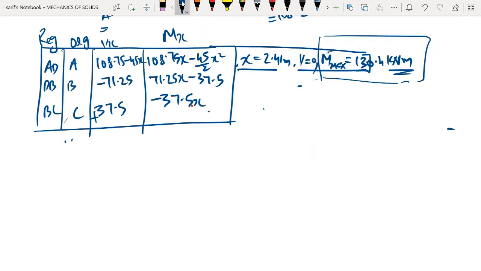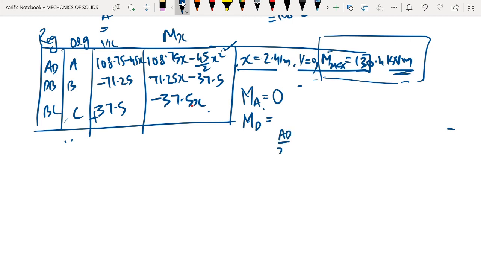Now to obtain the salient values of bending moment and shear force, first we will calculate the bending moment. To calculate the bending moment at the point A, all we have to do is substitute x is equal to 0 in the expression for bending moment. We'll get it as 0. At the point D, we have a concentrated moment, so we need to find two values for the bending moment at D. The first value we get by substituting in the expression for the region AD.